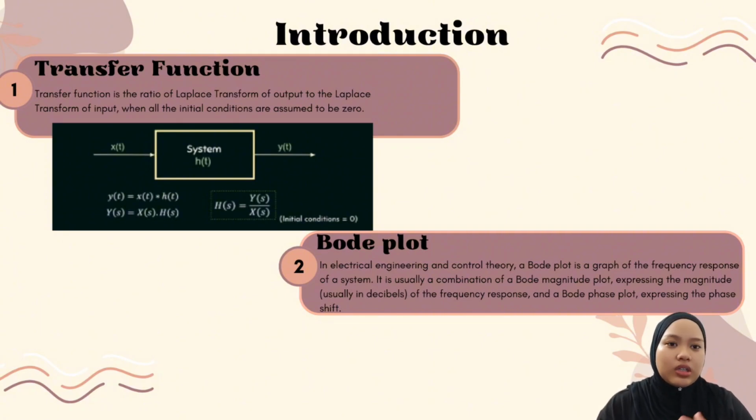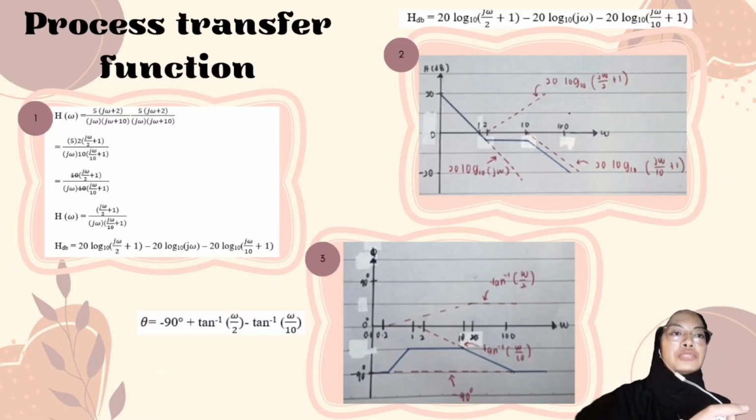It is usually a combination of a Bode magnitude plot, which expresses the magnitude, usually in decibels, of the frequency response, and a Bode phase plot, which expresses the phase shift. In simpler terms, a Bode plot is like a map showing how a system responds to different frequencies of input signals.